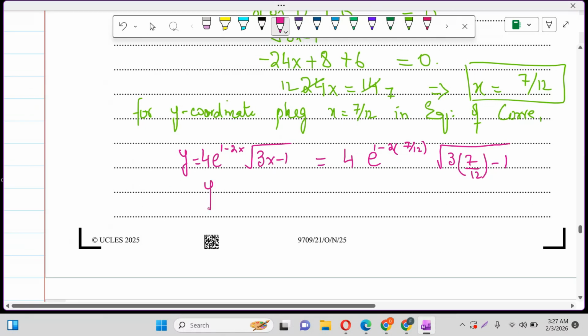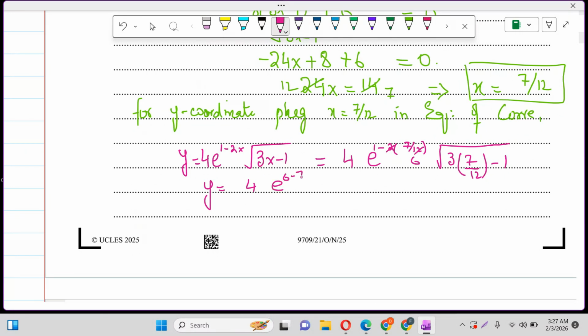So further solving, we will have y equal to 4 exponential of (6 - 7)/6 times √((7 - 4)/4).